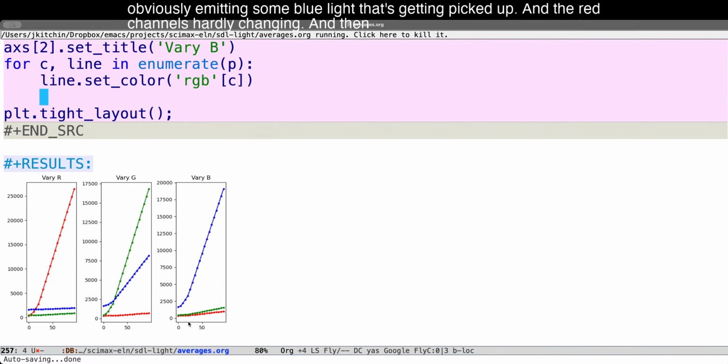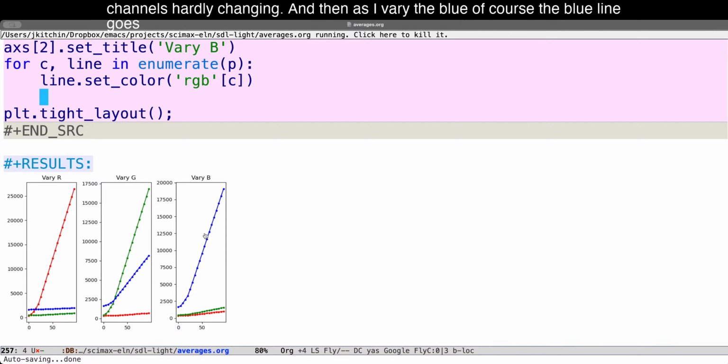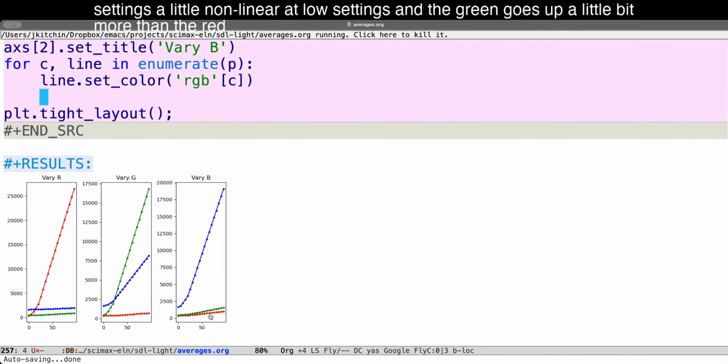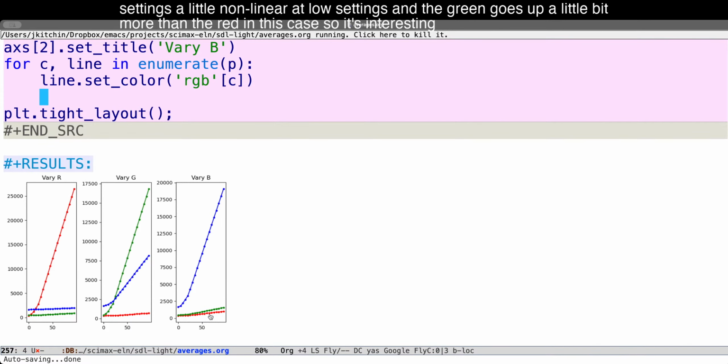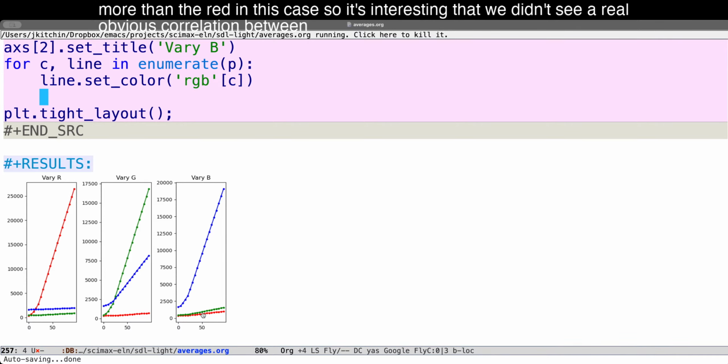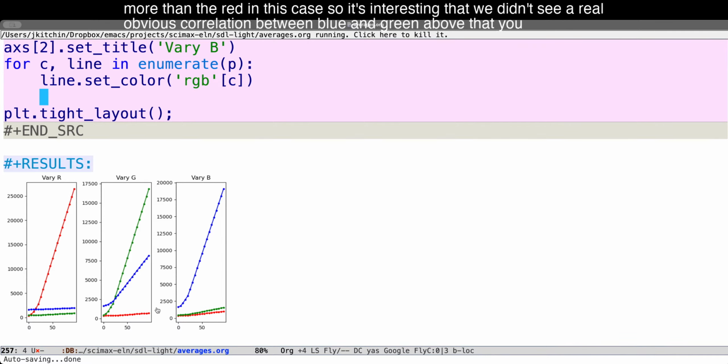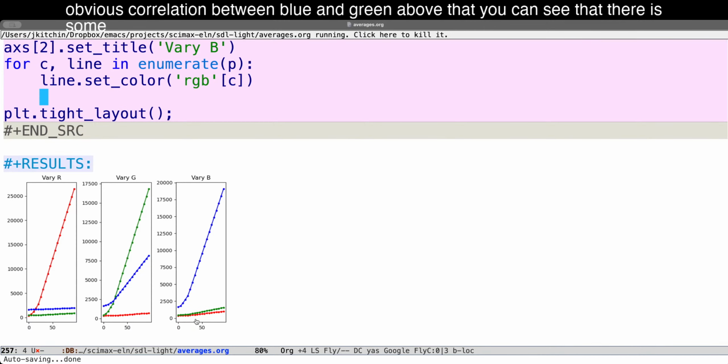And then as I vary the blue, of course the blue line goes up, again linear at high settings, a little non-linear at low settings, and the green goes up a little bit more than the red in this case. So it's interesting that we didn't see a real obvious correlation between blue and green above, but you can see that there is some crosstalk between these different channels.